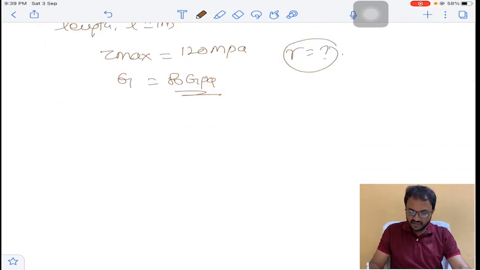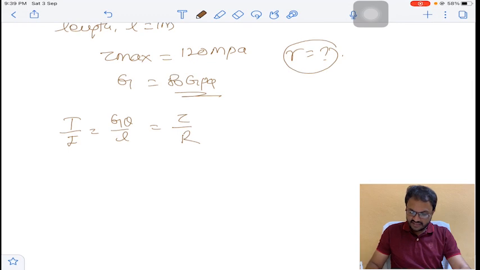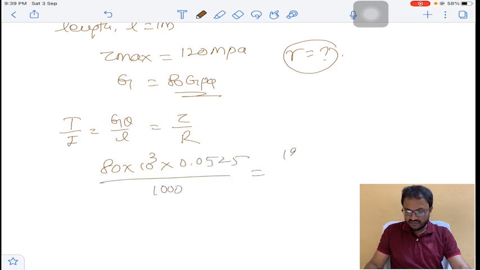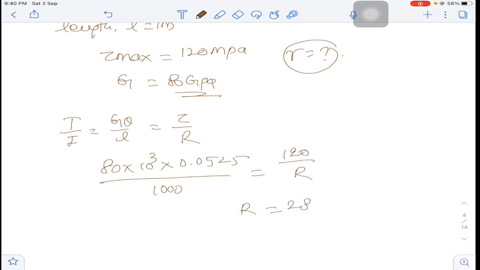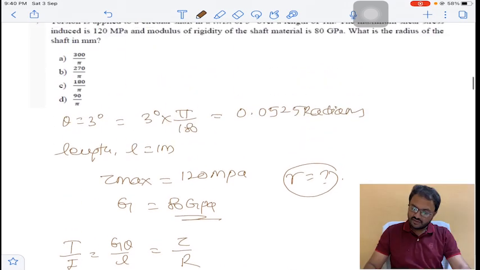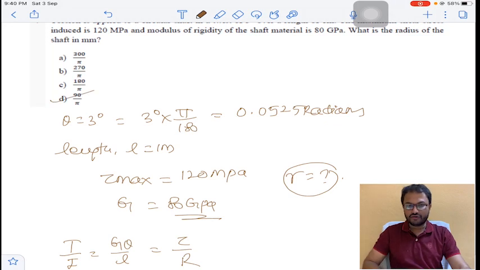So we have a formula T by J is equal to G theta by L is equal to tau by R. So G is 80 into 10 power 3, theta is equal to 0.0525, L is equal to 1000, tau is 120 divided by R. R is equal to 28.57. This value is same as 90 divided by pi. Okay, so option D for question number 4.